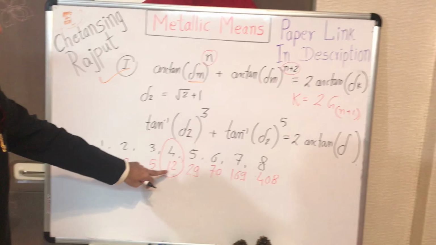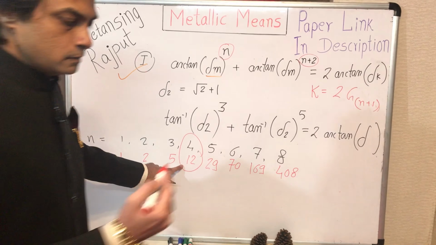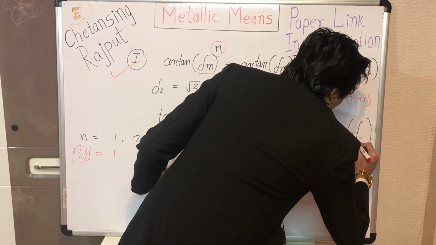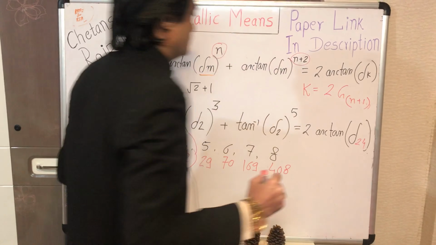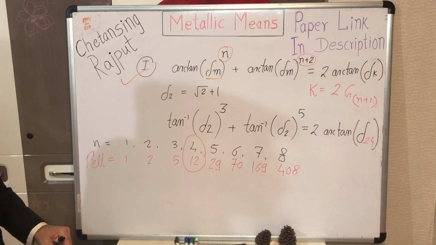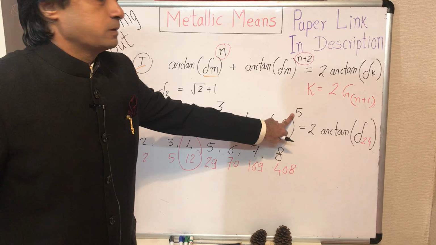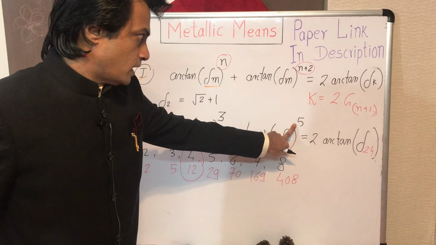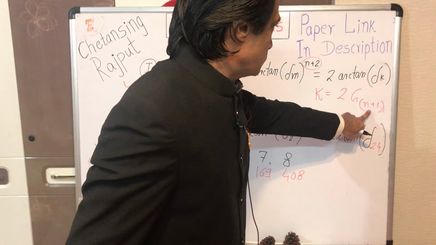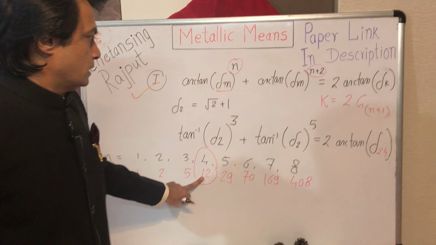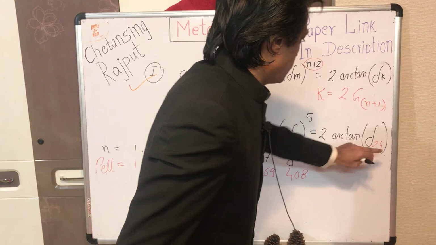The fourth Pell number is 12, and twice 12 gives us the precise value of the 24th metallic mean here. Got it?